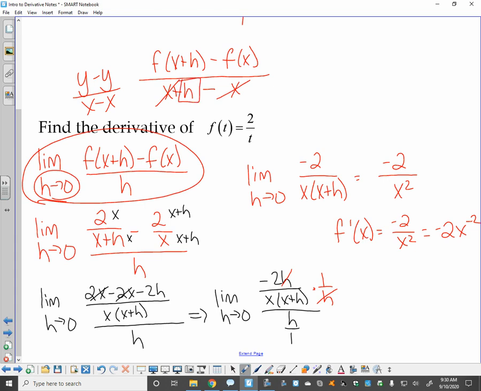Remember what h represents. H represents the distance between those two x's, that horizontal distance. So what I want is I want that h to go to 0. I know I can't divide by 0, but I want it to get as close to 0 as humanly possible. So that's my definition of a limit.